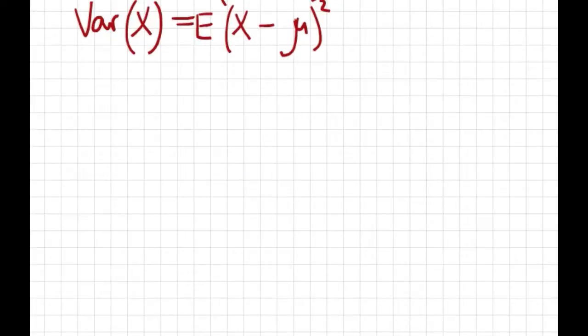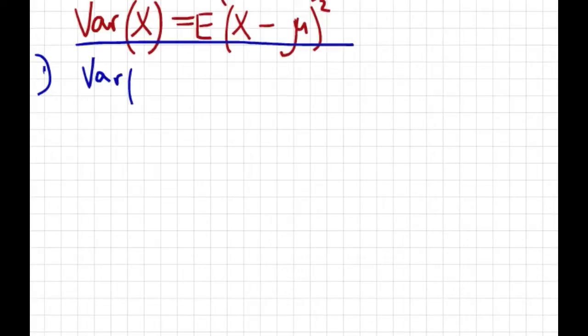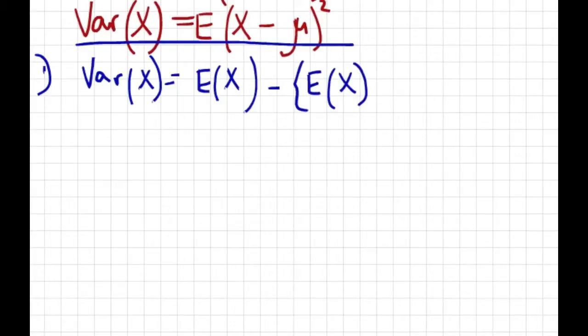So this is the definition of the variance. Variance can be written as expected value of x minus mean squared. There are several properties. First says that variance can also be written as expected value of x squared minus expected value of x, which is then squared.